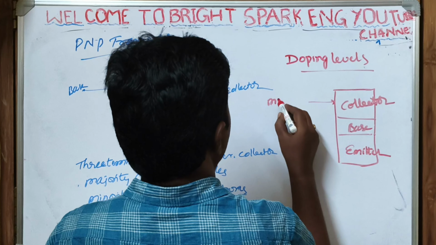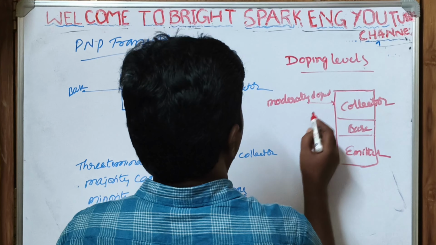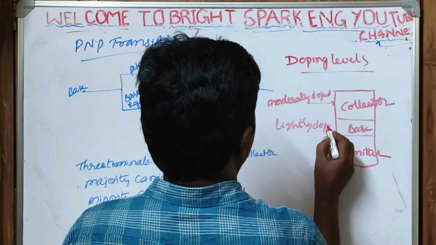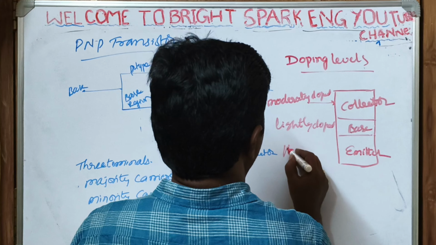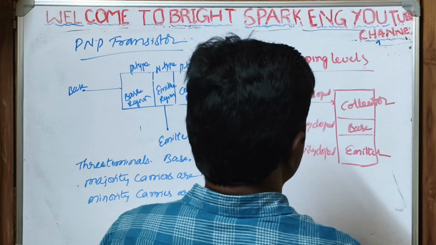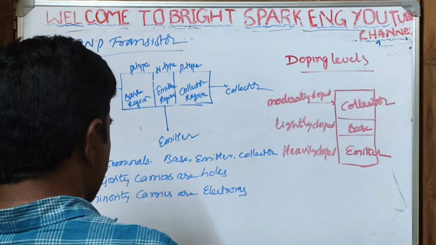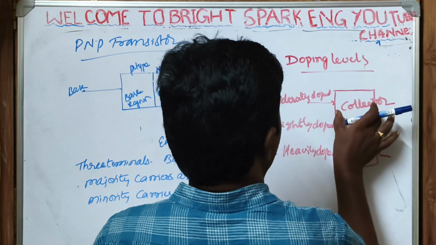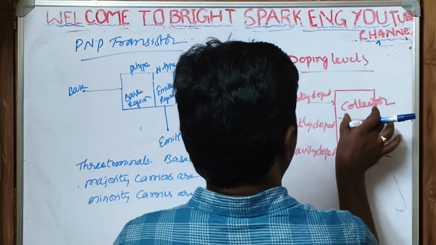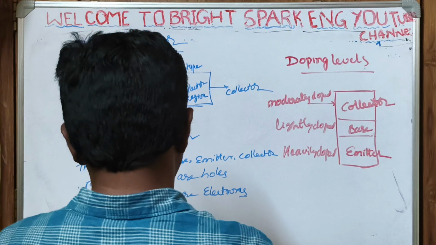This is moderately doped. Lightly doped. This is heavily doped. This is doping levels. Okay, in this also, collector area is more compared to base and emitter. Base area is also very small compared to emitter and collector. Okay, this is the construction.